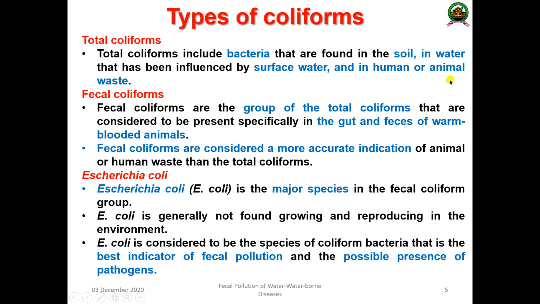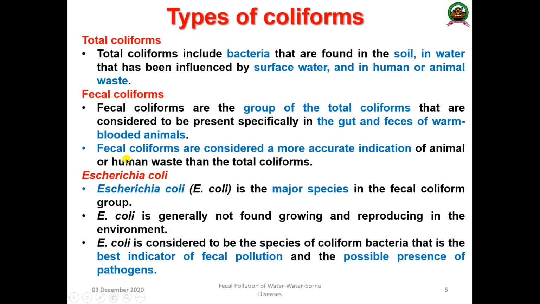Next is fecal coliform. Fecal coliforms are a group of total coliform that are considered to be present specifically in the gut and fecal material of warm-blooded animals, including humans.